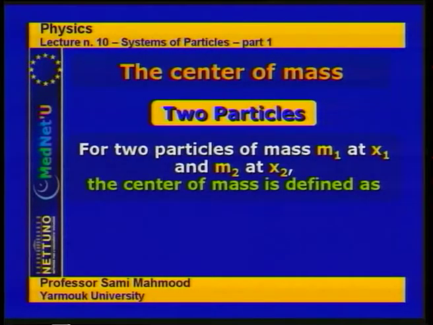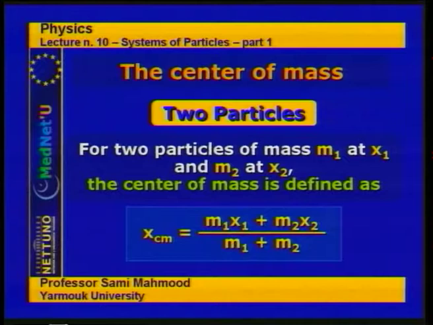That's the axis on which they lie. So if m1 has a location x1 and m2 has a location x2, then the center of mass of the two particle-like masses is defined as x center of mass equals m1 times x1 plus m2 times x2, over the total mass of the system, which is m1 plus m2.